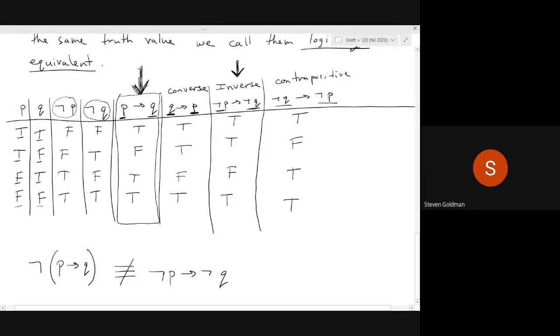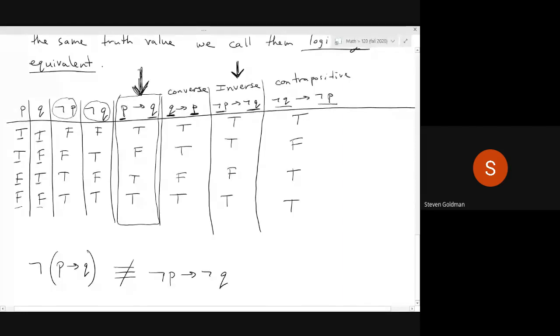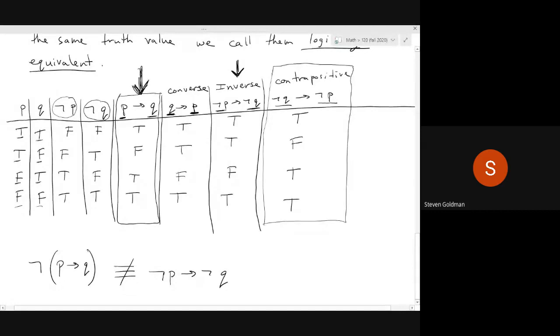If we look at the contrapositive, we'll see that only the contrapositive, as I said before, has the same truth values as the original. Wherever one is true, the other is true, and wherever one is false, the other is false. When that happens, the two propositions are logically equivalent. In other words, they're basically the same sentence said in two different ways.